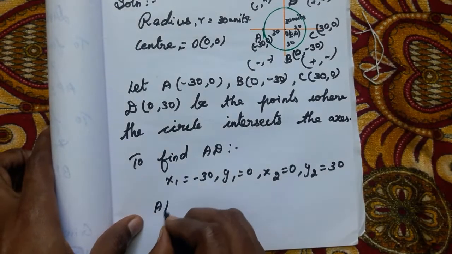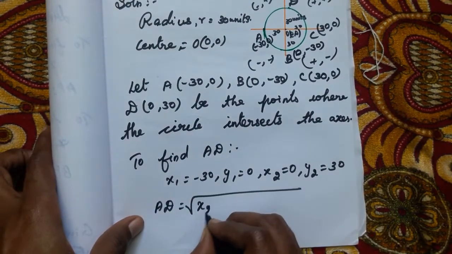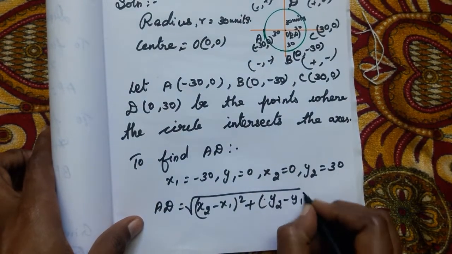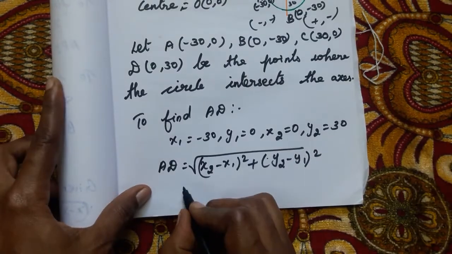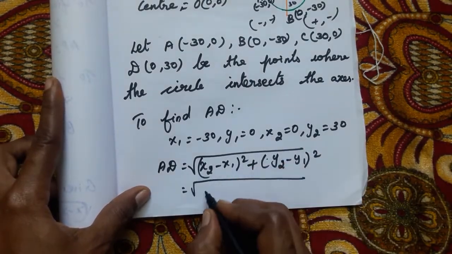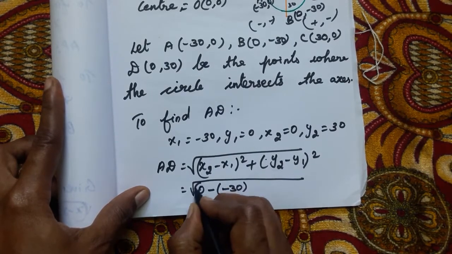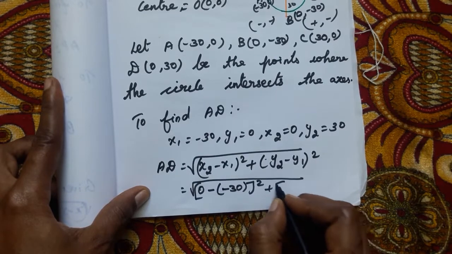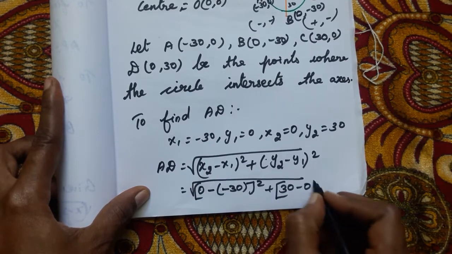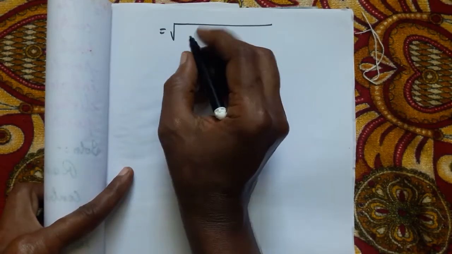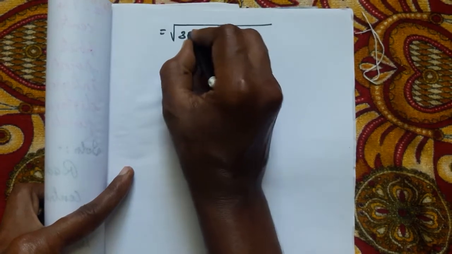Next, AD is equal to the formula root of x2 minus x1 the whole square plus y2 minus y1 the whole square. It's equal to root of x2 value 0 minus x1 value minus 30 the whole square plus y2 30 minus 0 the whole square. 0 minus of minus 30 the whole square means 30 square.